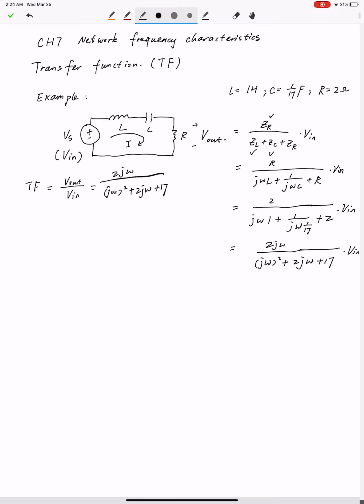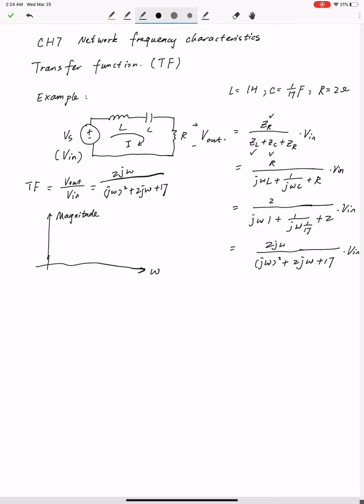After we find this transfer function, we can make two plots. The first plot is the magnitude versus the frequency, omega.